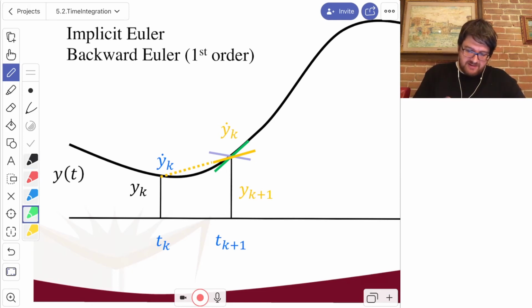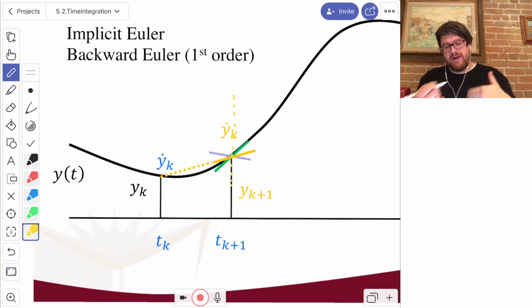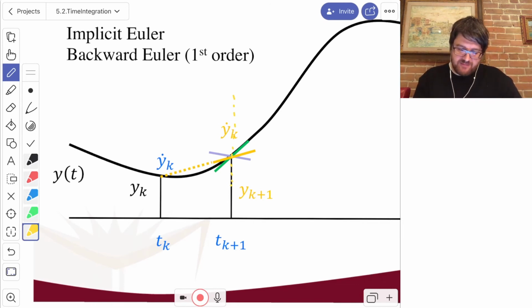we estimate the yk plus 1 such that the derivative at yk plus 1 is actually my step. So this is why it's called backward Euler, because if I go to tk plus 1 and I take the derivative at tk plus 1, I get back to yk.